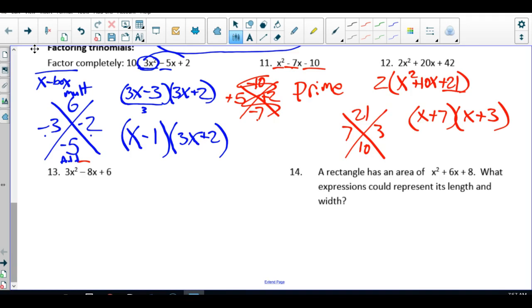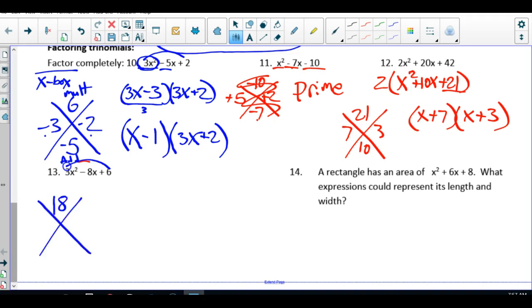Okay, number 13, we have a hard type. 3 times 6 goes up top, 18. Negative 8 goes down bottom. Side numbers here, I'm thinking for 18, 1 times 18, 2 times 9, or 3 times 6.